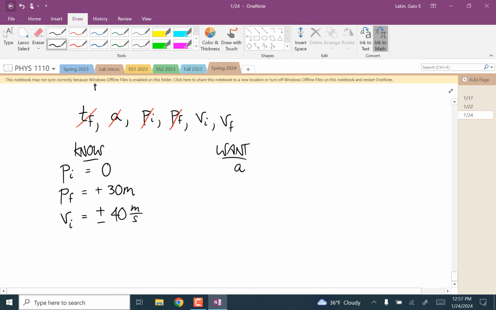And now is the car moving in the positive or negative direction? Positive, so we want the positive there. And then do we know the velocity at time final? It's come to rest. Yep, so V final is 0.